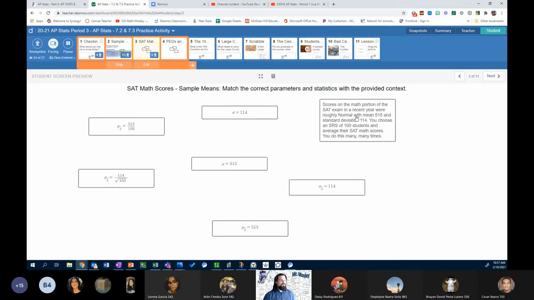You need the proper parameters: mean and standard deviation, and statistics, sample mean, the mean of the sample means and the standard deviation of the sample means. So there's 4 things for this context. There's 2 extra cards, so once you've matched these up, you should have 2 left over that don't match to anything.